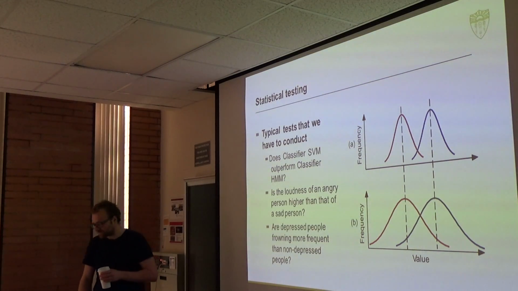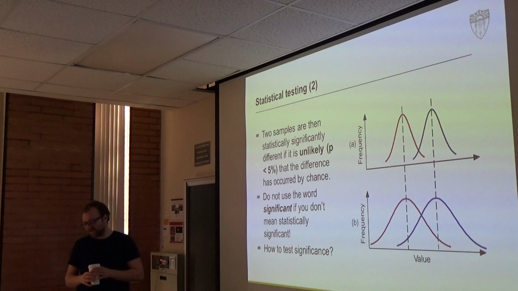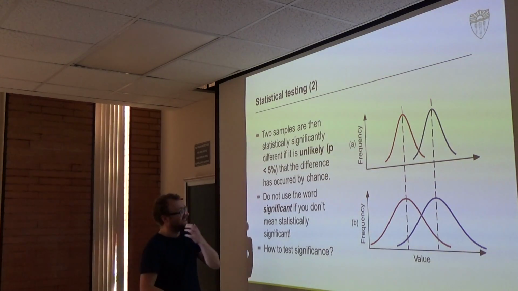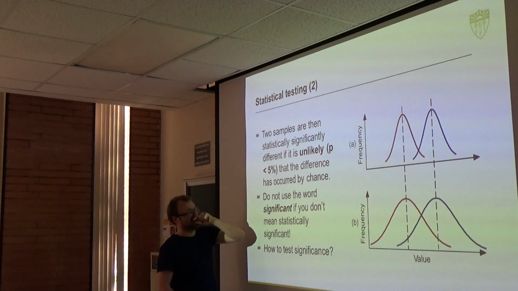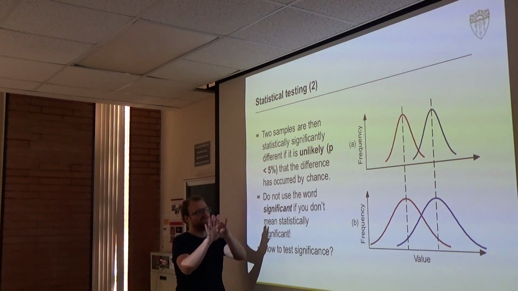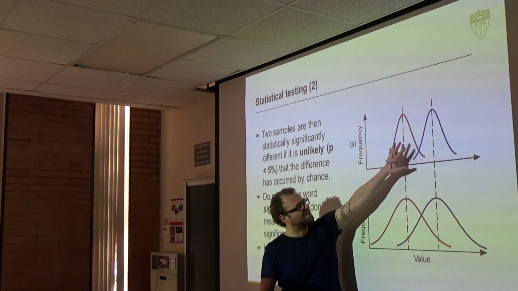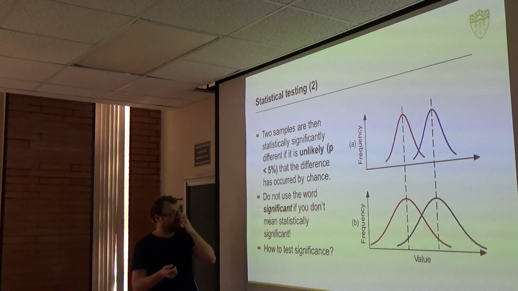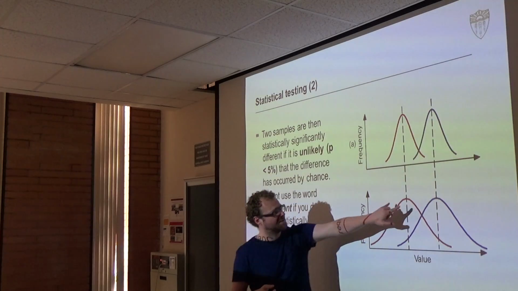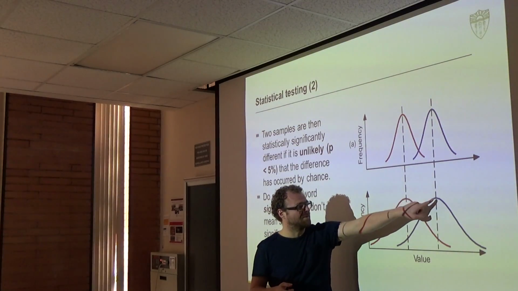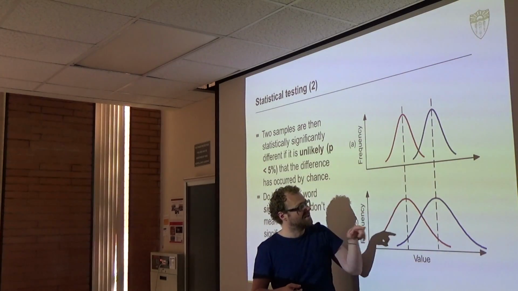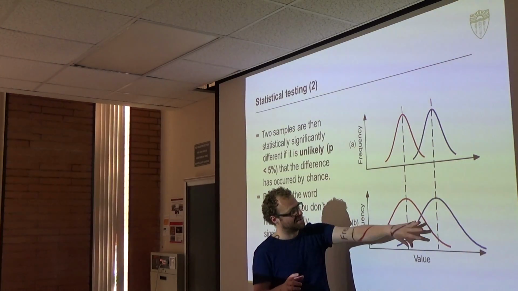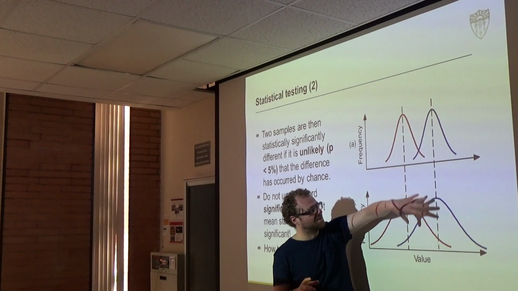And so in statistical testing, what we want to know is basically how likely or unlikely it is that the distributions of two sets of observations are the same or different. Even though the distance between the mean values is the same in this case and that case, these are much more different from each other than these, because there is less overlap up here than here.